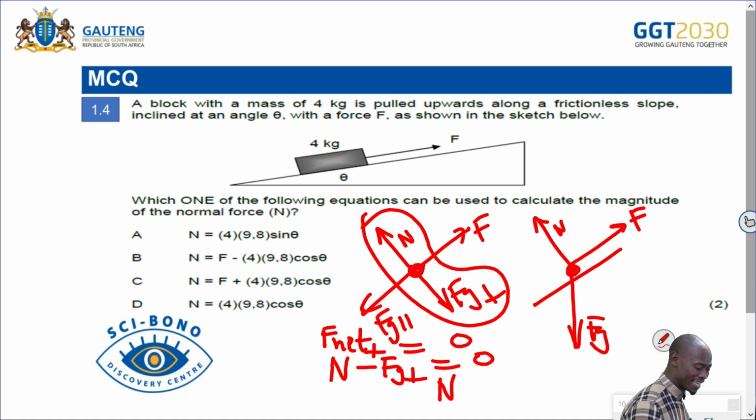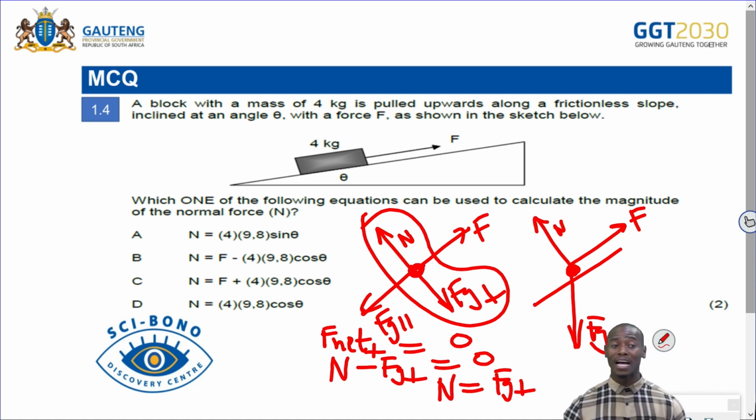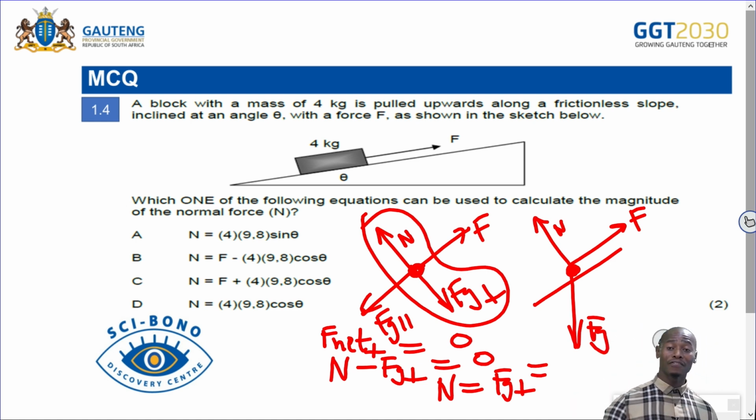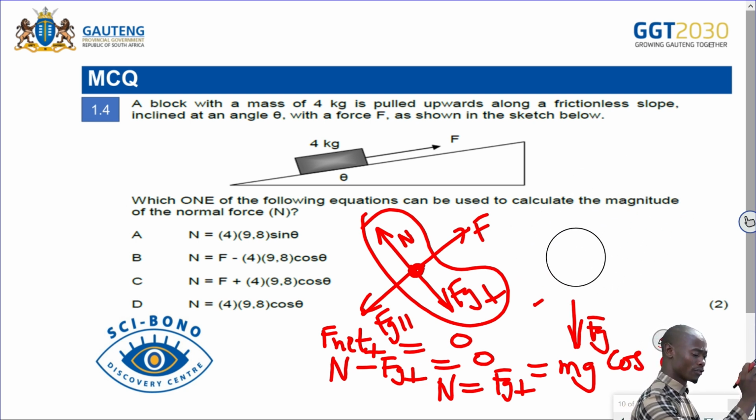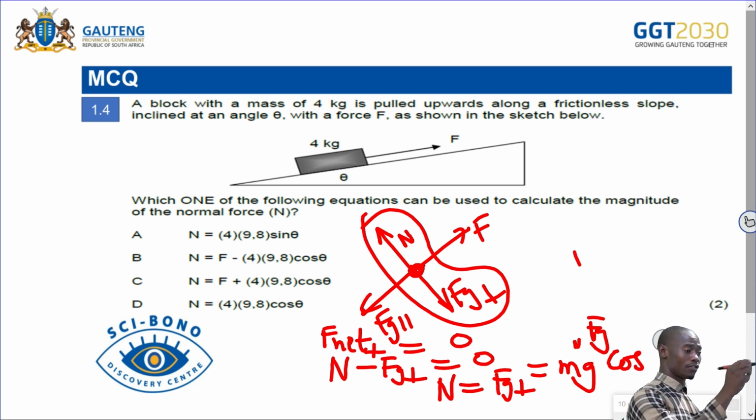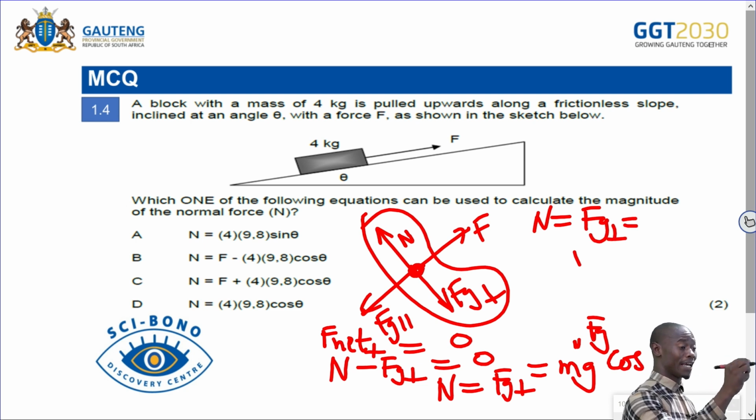So N is equal to Fg perpendicular. And how do we calculate Fg perpendicular? Our Fg perpendicular is given by mg cos theta, not sine. Sine is for the parallel component of weight. So it's mg cos theta, so its normal force equals Fg perpendicular equals mg cos theta.